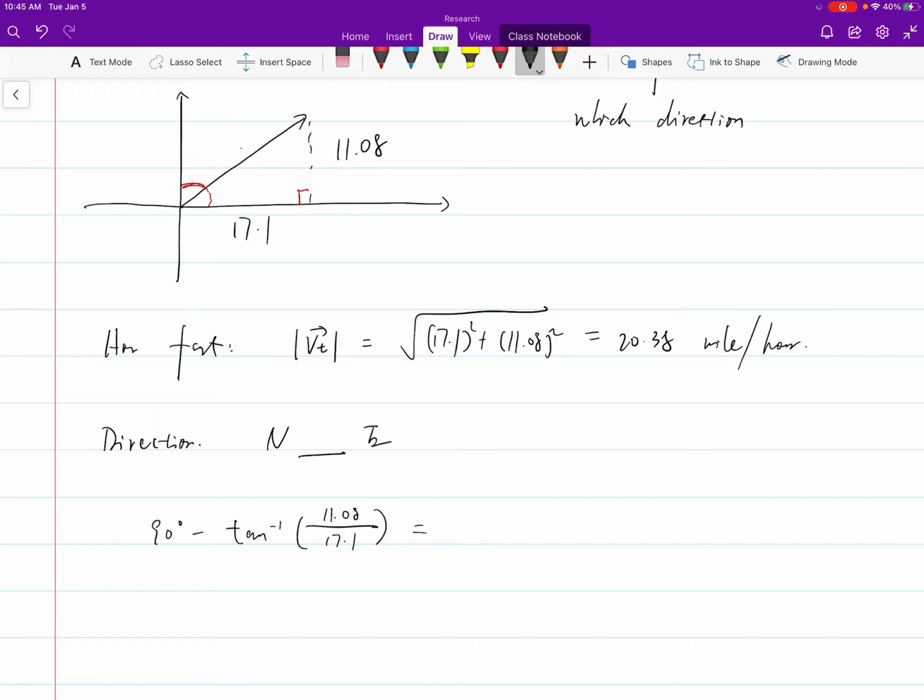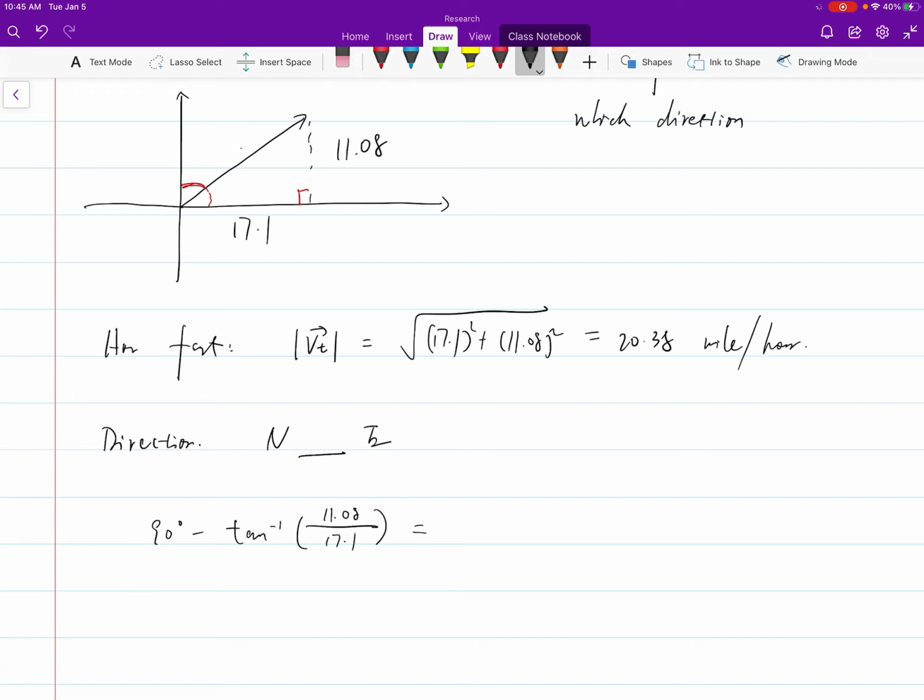So everything we did before for solving triangles is helping with what we have right now. That gives us 89.